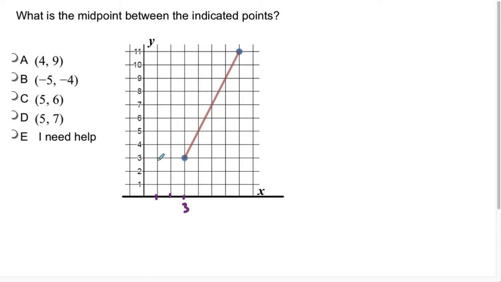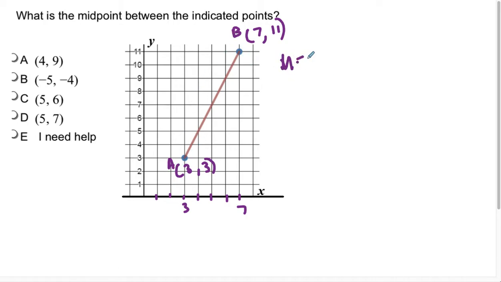So this point, let's label it A, is 3, comma 3. Let's label this one B. If this is 3, this must be 4, 5, 6, 7. So B is located at 7, comma 11.